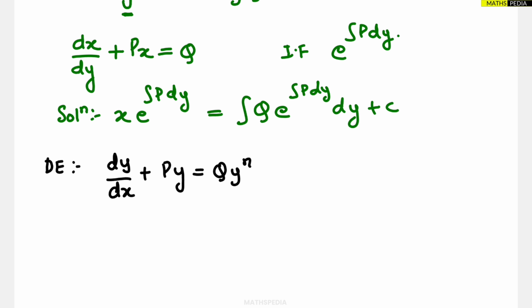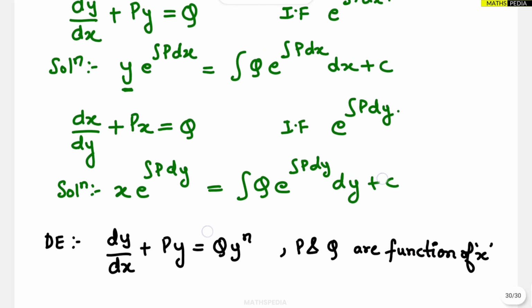This is the form where p and q are functions of x. Now you may ask, it is similar to the first one. If you observe the first equation, this part is similar to that. The only change is that q is multiplied by y power n.